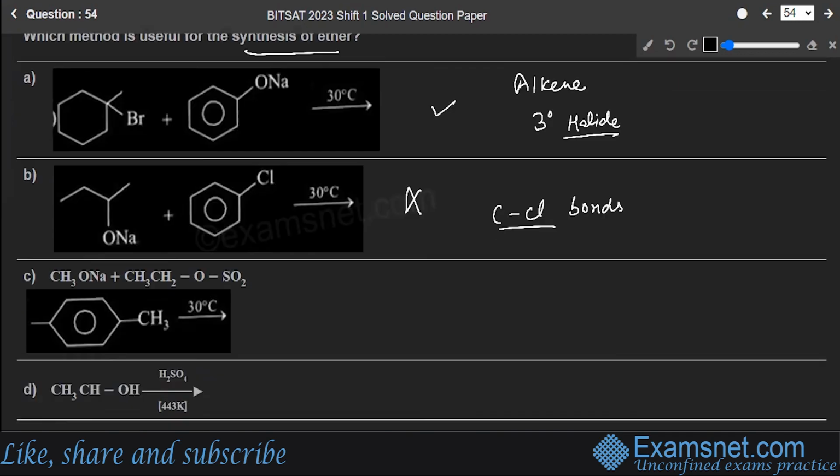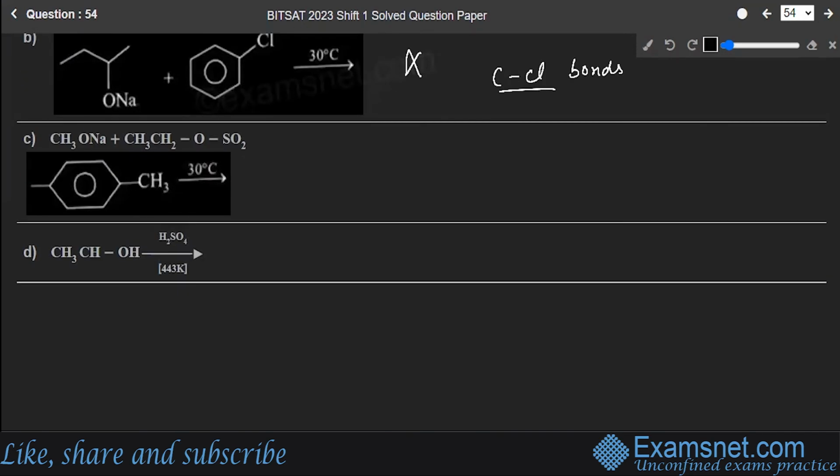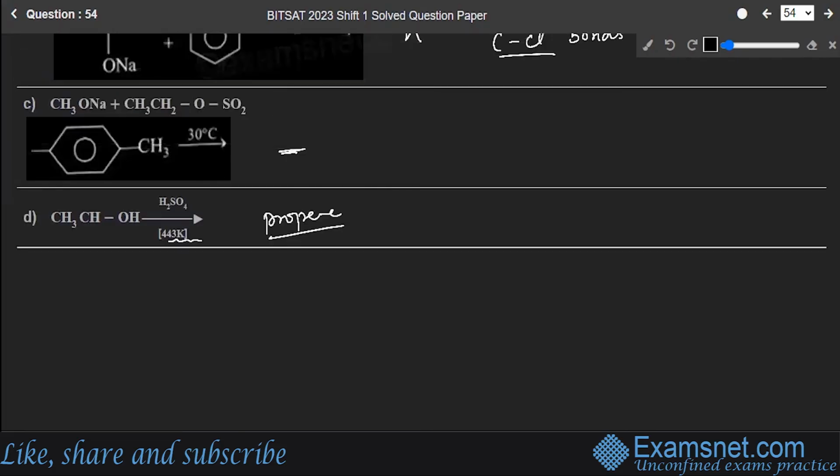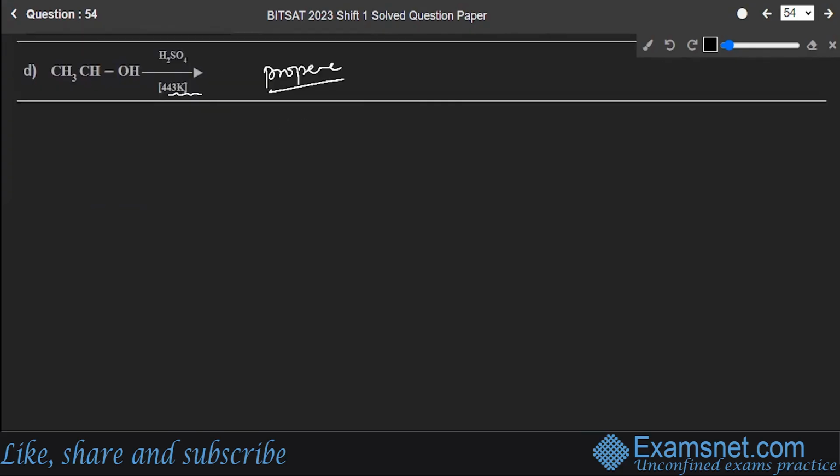And the third one, before discussing the third one, I'd like to talk about the fourth one. This is the reaction at 443 Kelvin. At this temperature, this D option will produce propene. So if I look at the third option, let's write down the complete reaction over here.